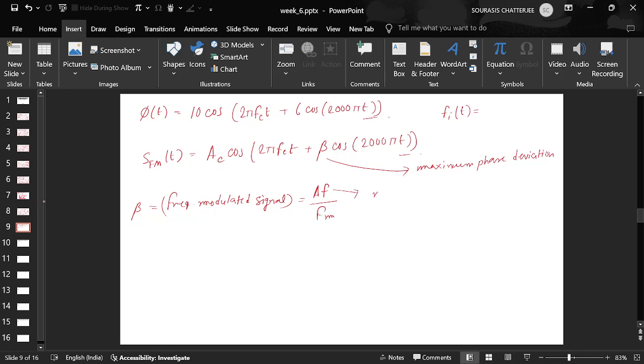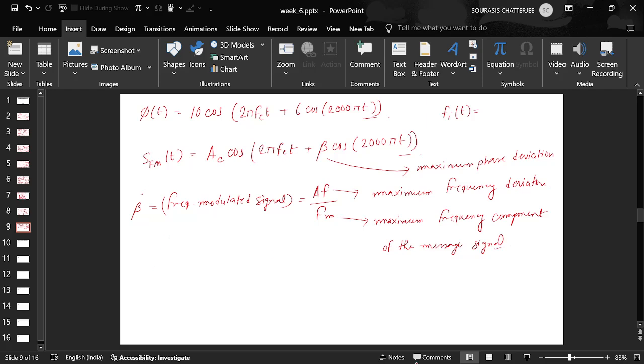Delta f is the maximum frequency deviation, that is basically asked in the question, and fm is the maximum frequency component of the message signal.